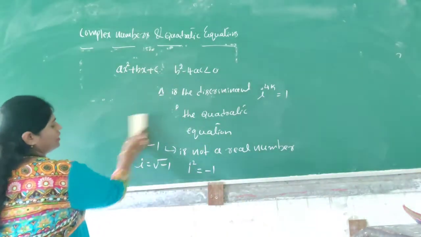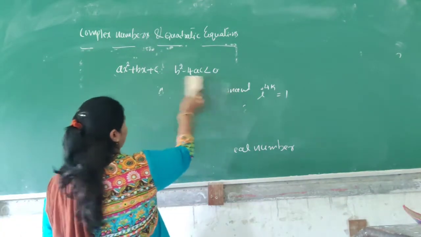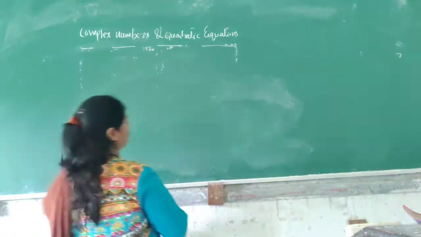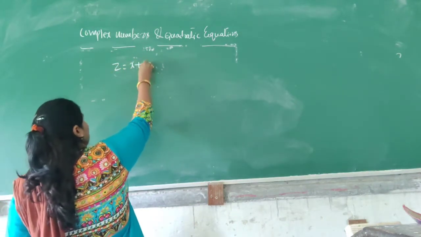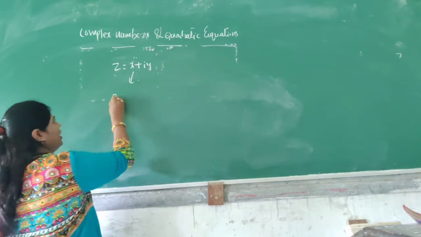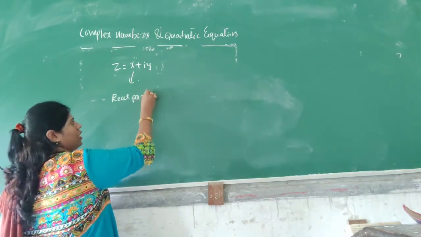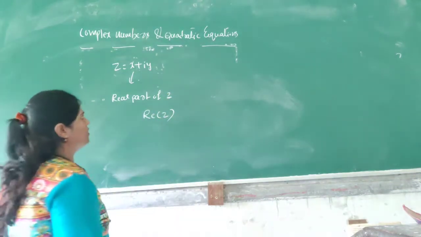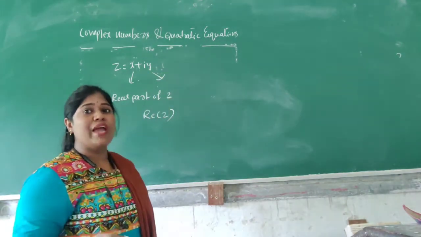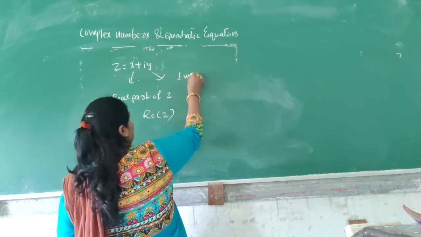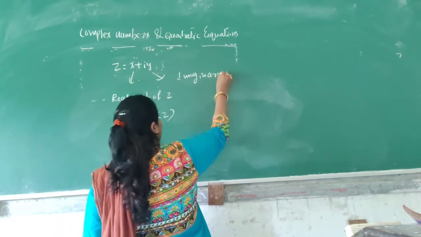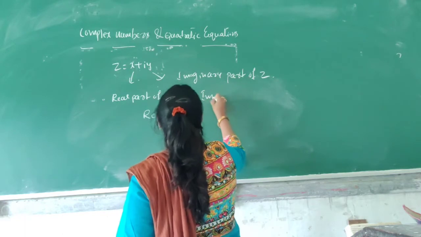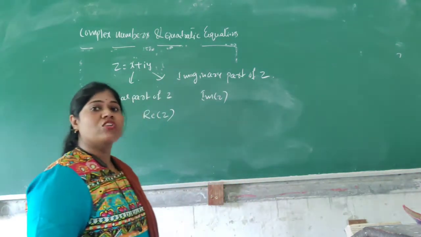In complex numbers, z is equal to x plus iy, where x is called the real part of z, simply written as Re of z, and y is the imaginary part of z, written as Im of z.